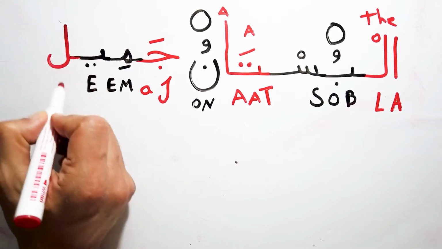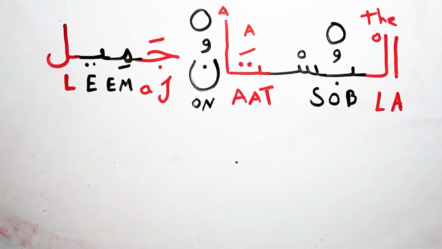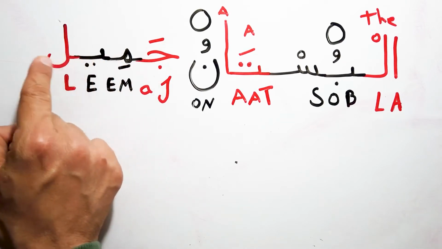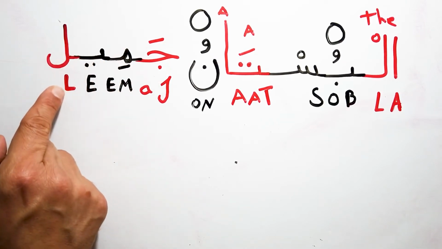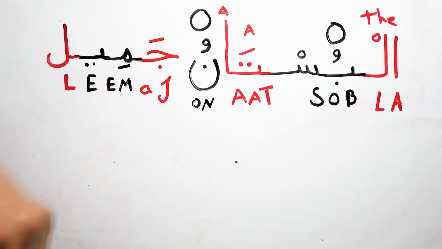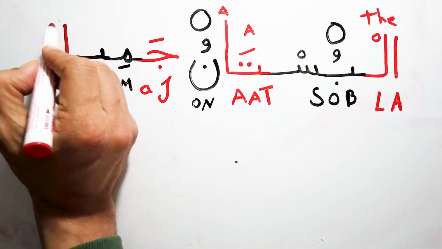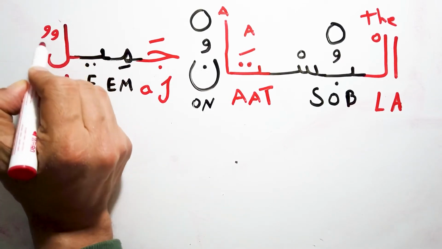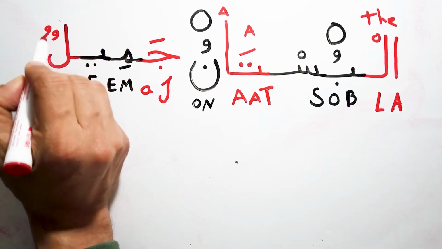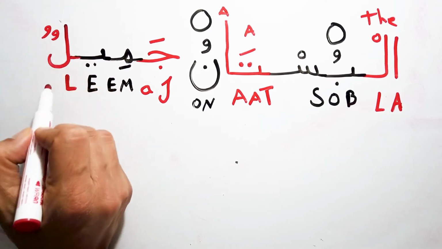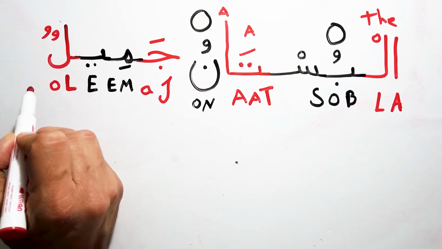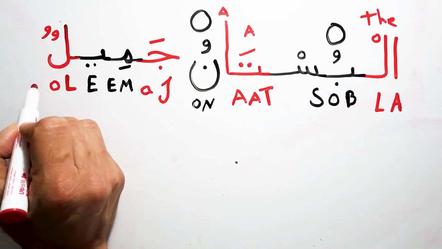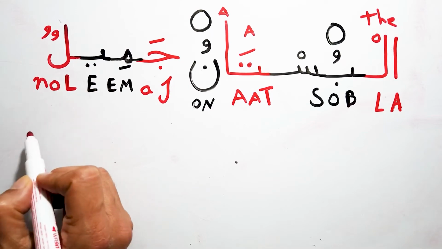I have this letter sounds like L. Okay. If I say lun, I say Jami lun. Lun. So let's see. I'm gonna add 2 dhammas here. When I add this mark on the top, I have to add the sound of O and N to the word.